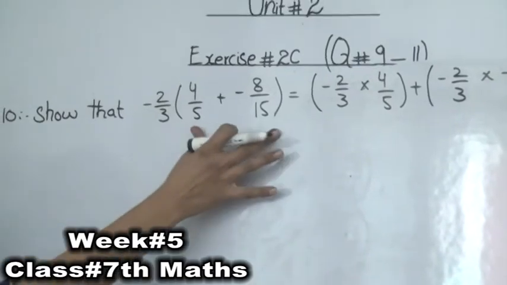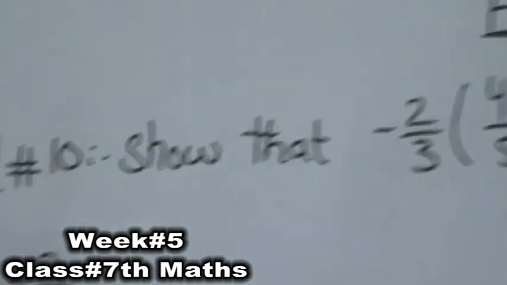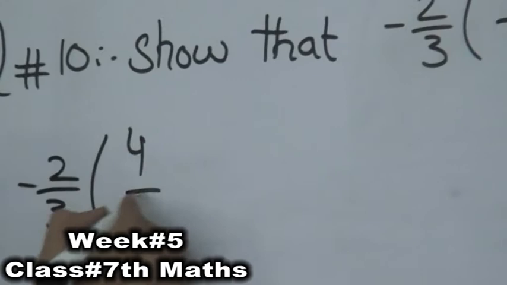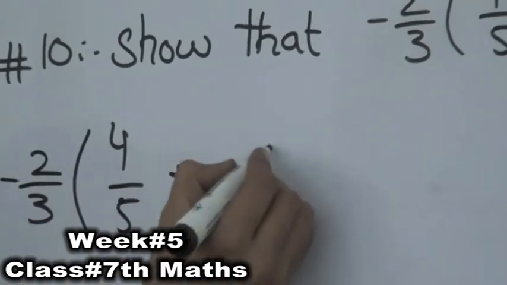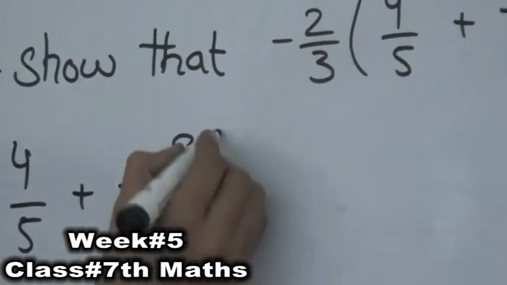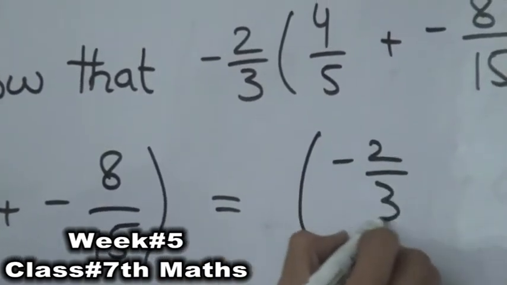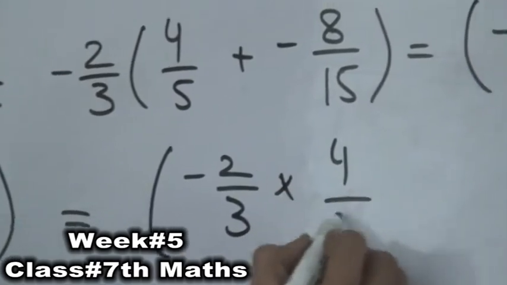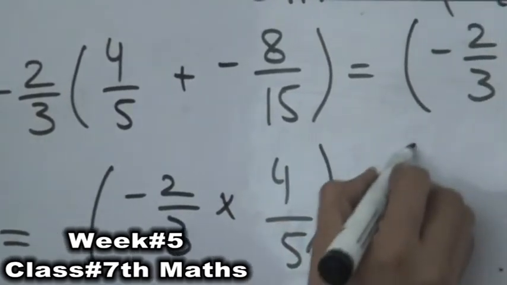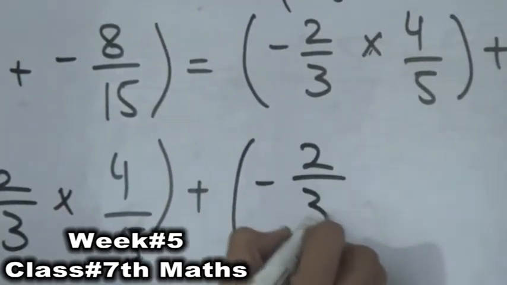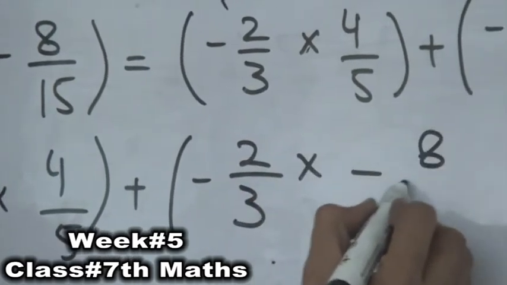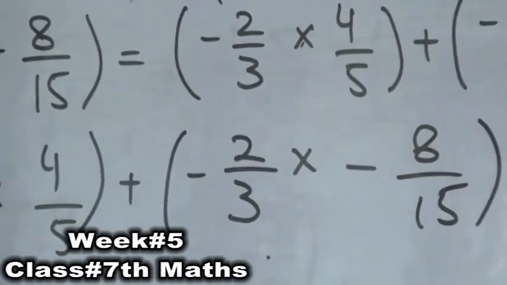First we will take the left hand side: minus 2 by 3 into 4 by 5 plus minus 8 by 15 is equal to minus 2 by 3 multiplied by 4 by 5 plus minus 2 by 3 multiplied by minus 8 by 15.